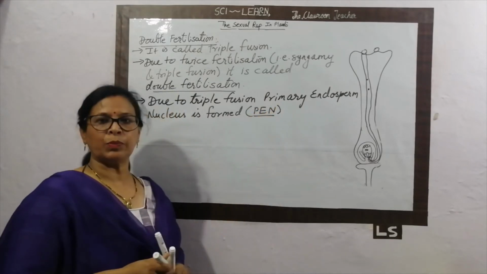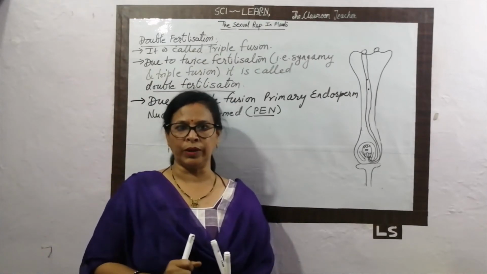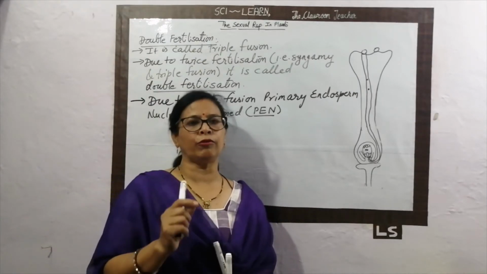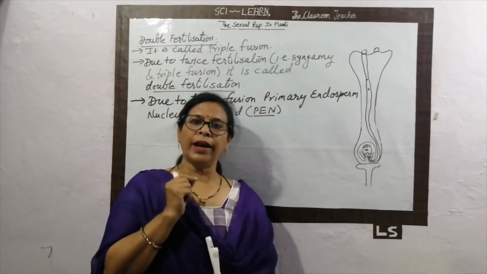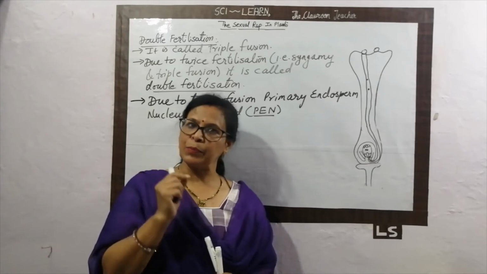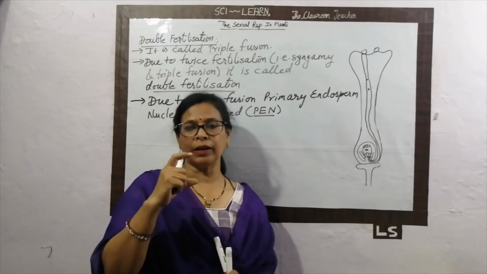This primary endosperm nucleus is responsible for the formation of endosperm. And what is endosperm? Endosperm is responsible for nourishment of the developing embryo.